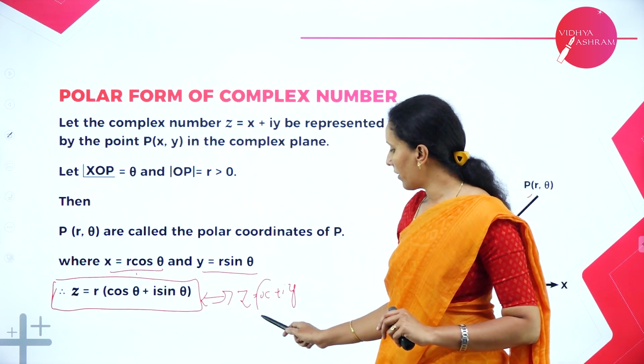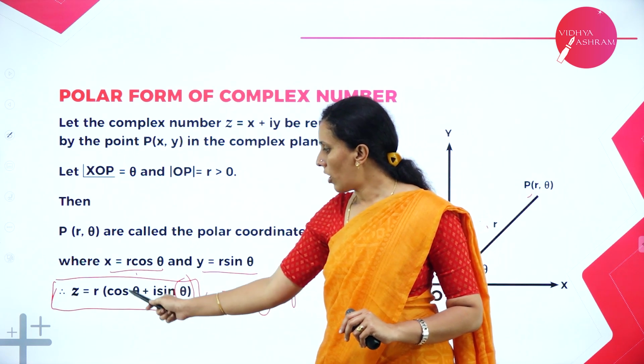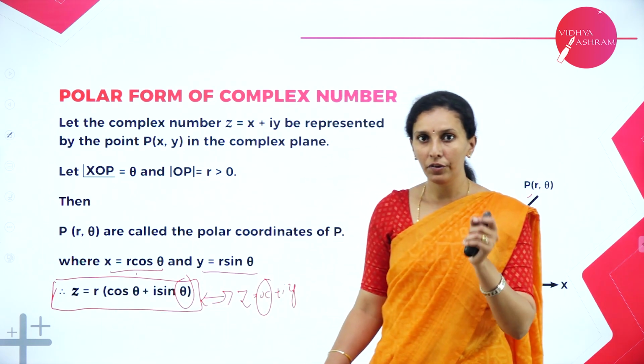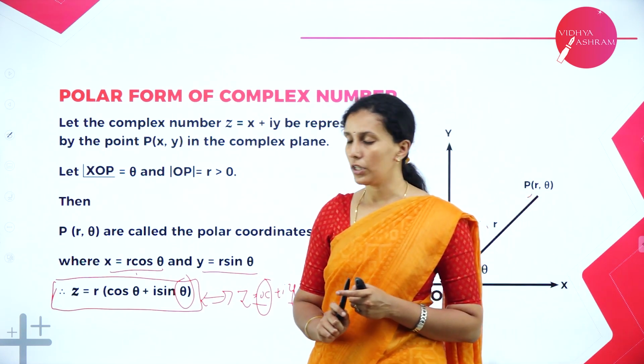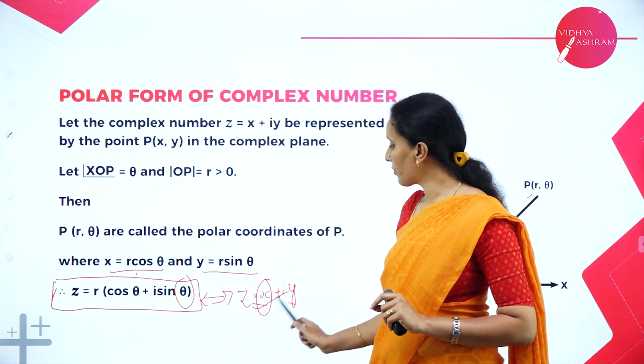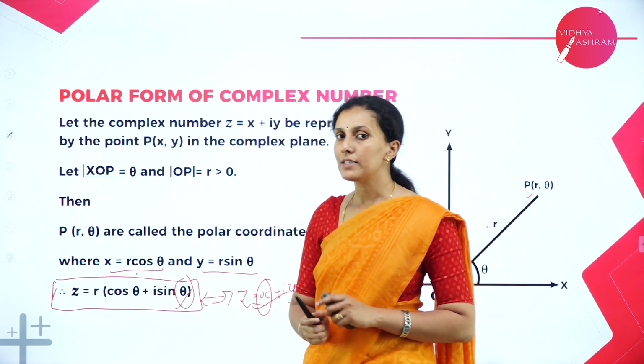When you take the real values along with the angle, sin theta and cos theta along with r will give you the real numbers x and y. Hence, they are equivalent to each other. Thus, this is the complex form and this is the polar form of representing a complex number.